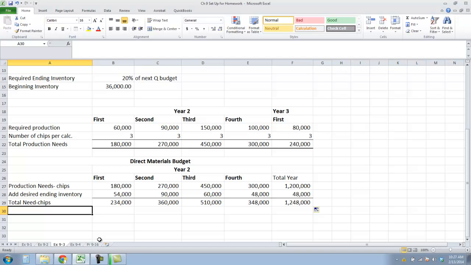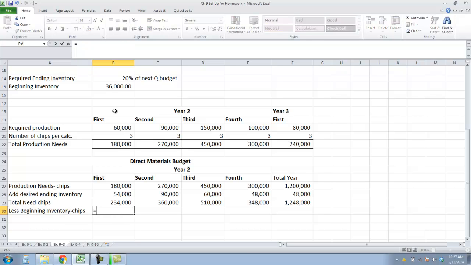But remember, we start with some sort of inventory. So we need to subtract beginning inventory for chips. Now, in the problem, they told us that we would start in the first quarter with 36,000 chips on hand.